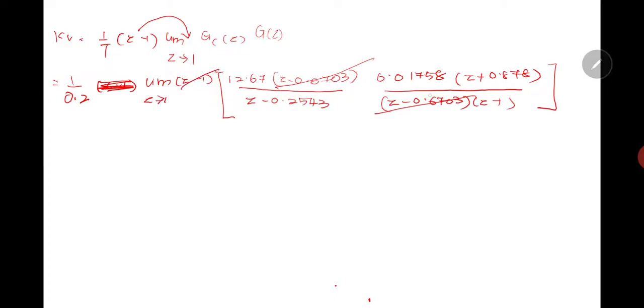So this Z minus 1 can also be cancelled out.